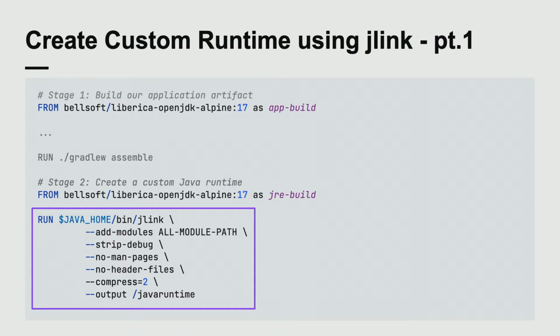In the second stage, we use the jlink provided inside the JDK. In the command, you can see that we strip the debugger tools and we remove the man pages and some header files as documentation, so we can create a custom Java runtime for our application.